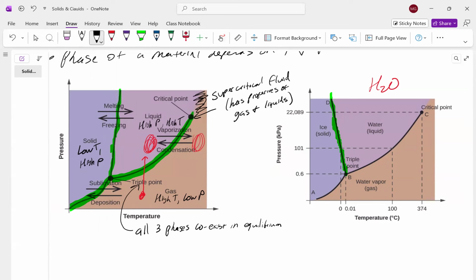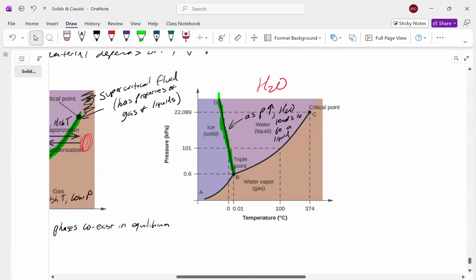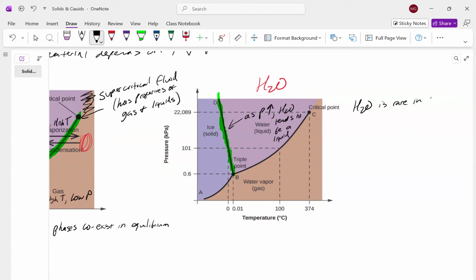And what this represents is that as pressure increases, water tends to be a liquid, even at low temperatures. And this relates to a property of water that you've probably observed, but water is rare in that its solid form occupies more volume than its liquid form. Basically, water expands when it freezes.